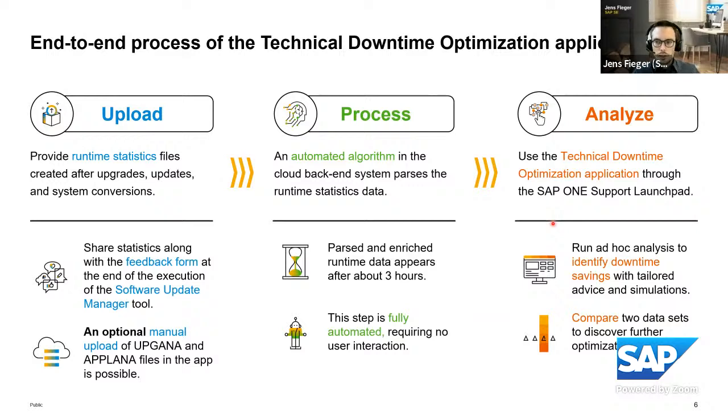I will also show you that in a minute, as that's quite handy. If you have done one standard conversion and a downtime optimized conversion, for instance, you want to see where the runtimes improved and where they maybe got worse. For this, we have that comparison feature, which makes it very easy to compare two maintenance events. Of course, it doesn't make sense to compare an upgrade from last year with this year, because they have completely different phases or imported content.